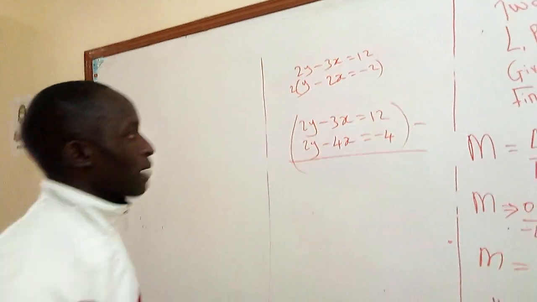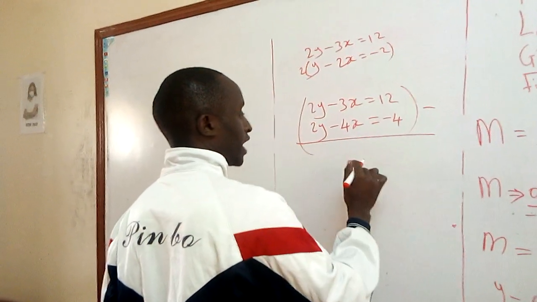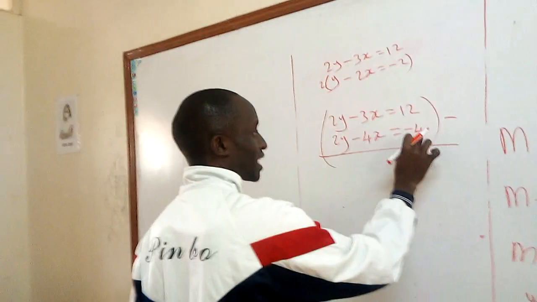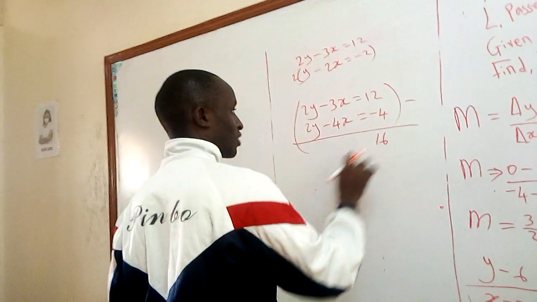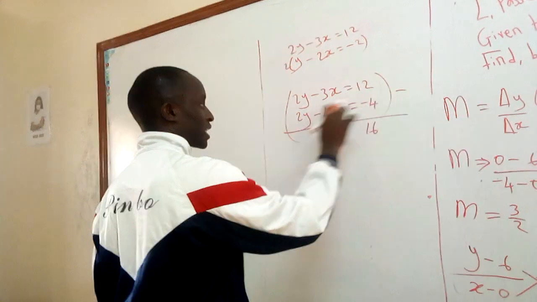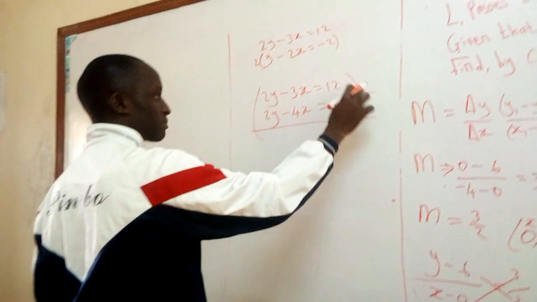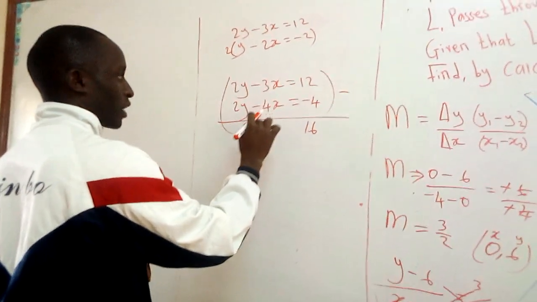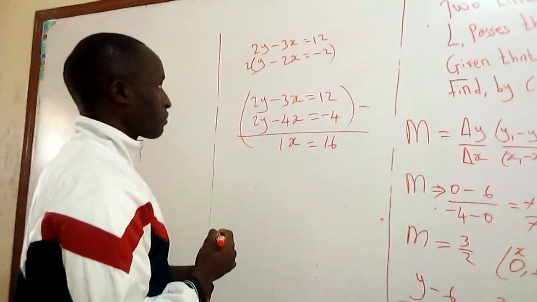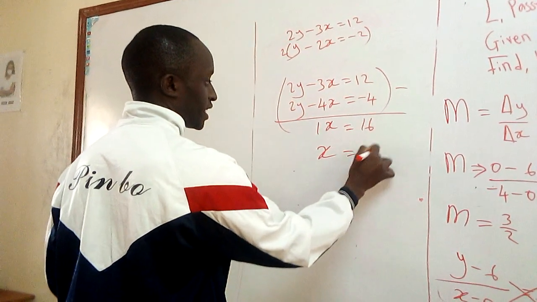From there, I'm going to have 12 minus 4. It's going to be 16, because 12 minus 4 is, you are supposed to add, and you get 16. From there, I get minus 3x minus 4x. It gives me minus 3x, minus to give me plus, and therefore it's going to be 1x. Therefore, I get the value of x as 16.